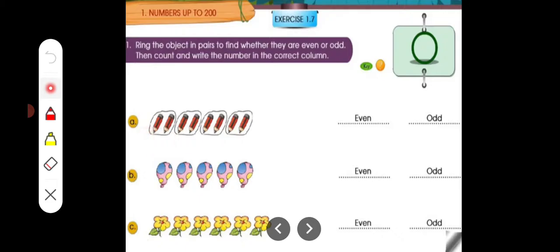See here: 2, 2, 2, 2. It is a pair. A pair of numbers is called even numbers. See here, here also 2 is there, here also 2. These all are called even numbers.